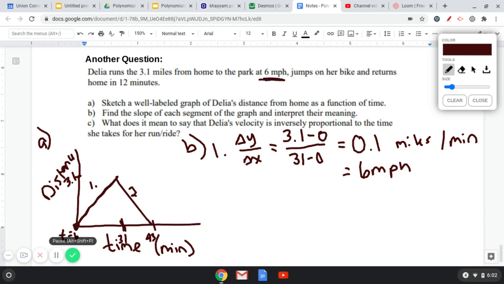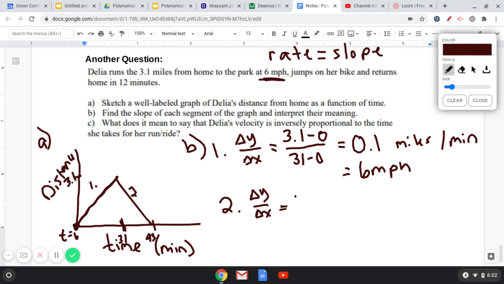And y'all, this means that the rate equals the slope. This is one of the biggest topics in calculus, that the rate of your situation is equal to the slope of the line, which you likely know already. Okay, so segment 2, change in y over change in x.